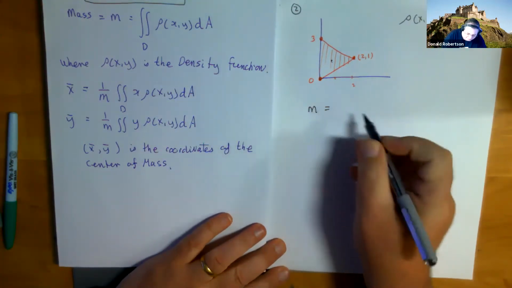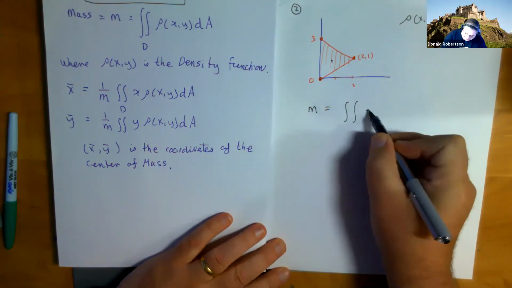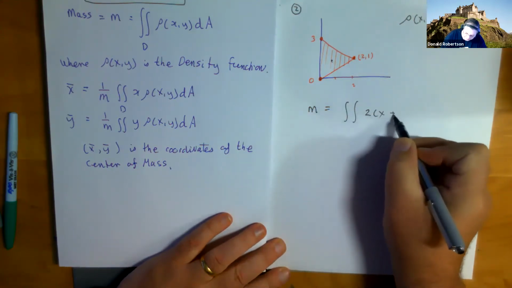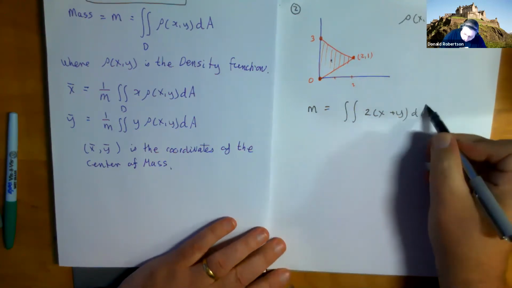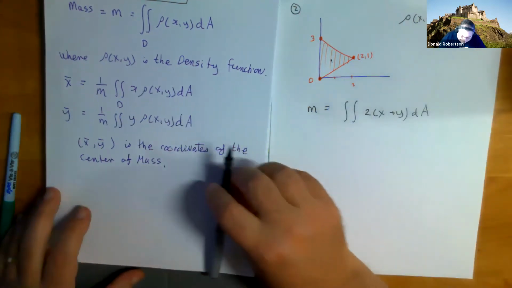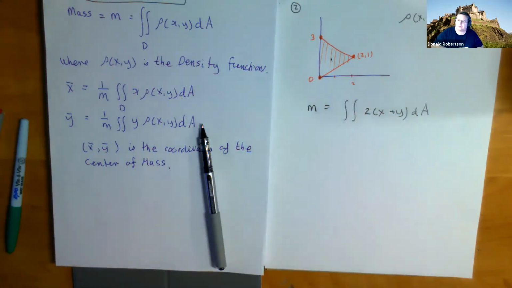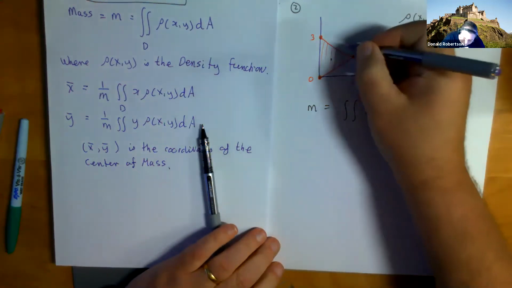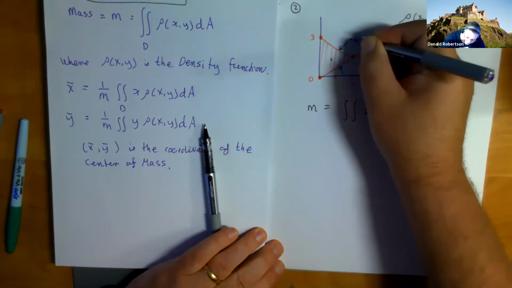Well, you find the mass, which is the double integral of the density function, dA. I need this written down in a form that's going to allow me to do a double integral. So I'm going to do it by finding the equations of these 2 straight lines.